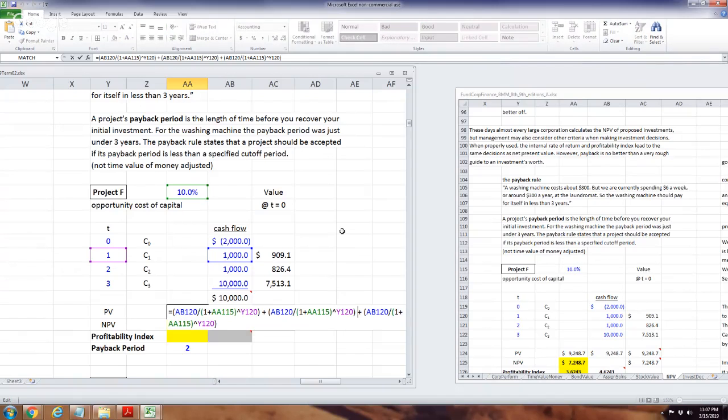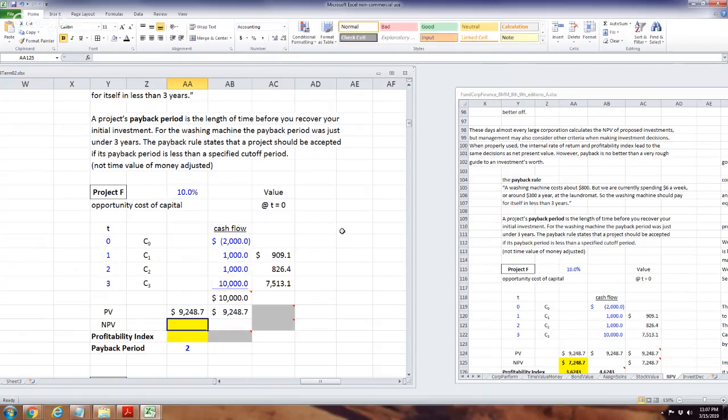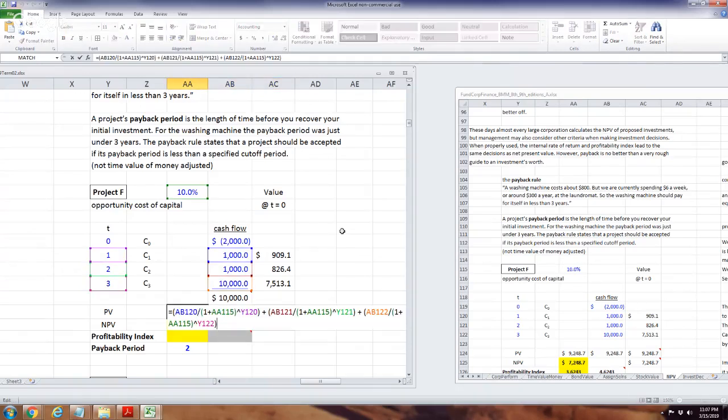This is going to be 21. This is going to be 22. Okay, they're the same numbers. I did all the present values in one set. That's my favorite one because it's all in one place. I like that one the best.